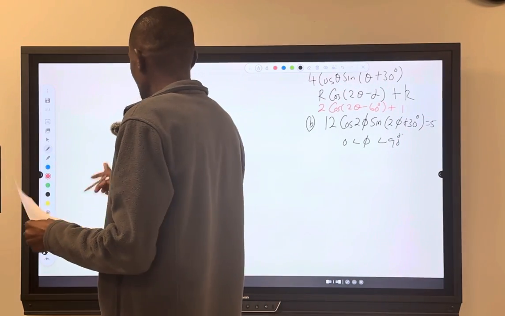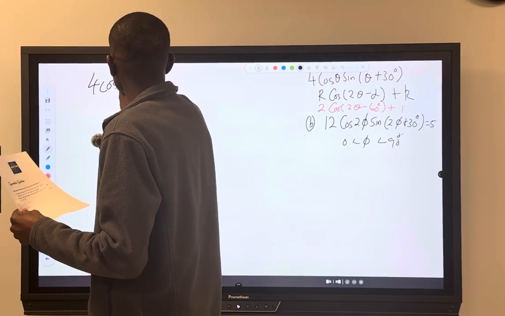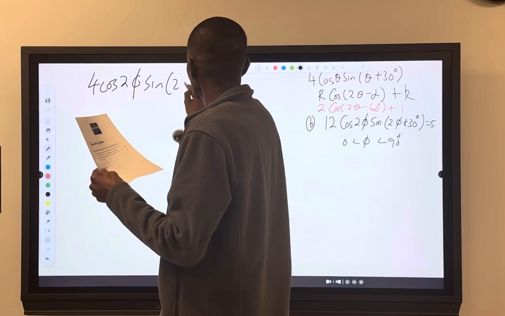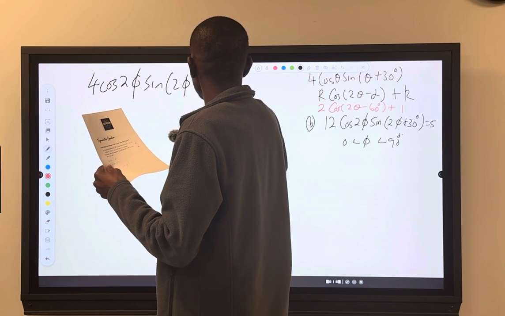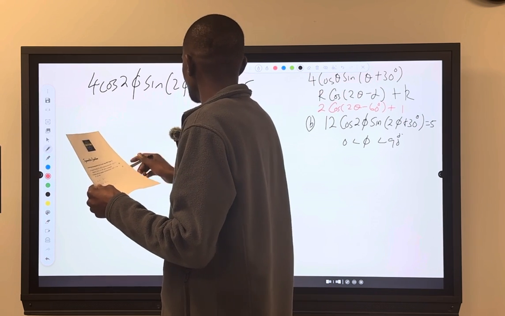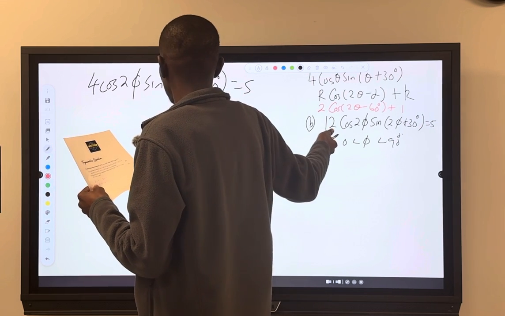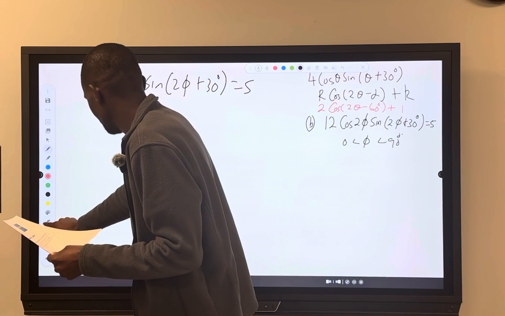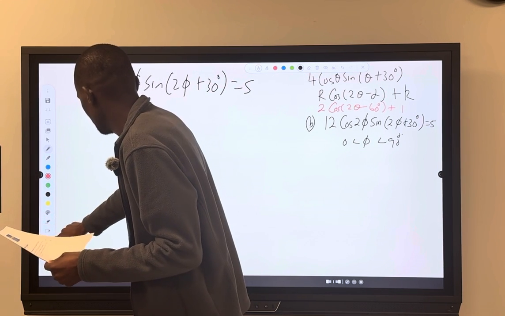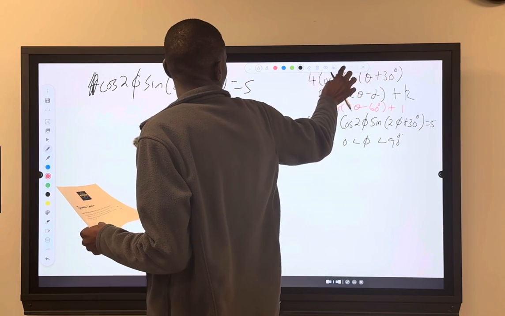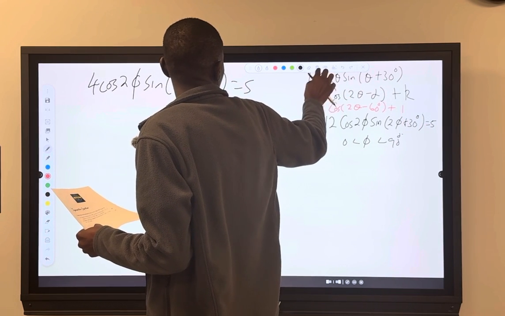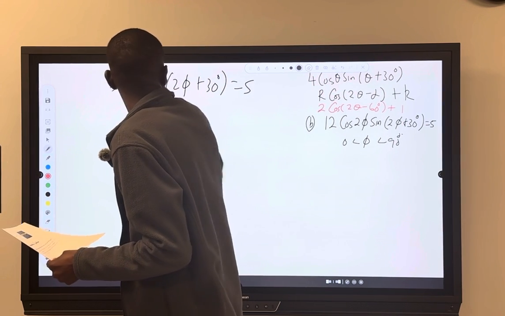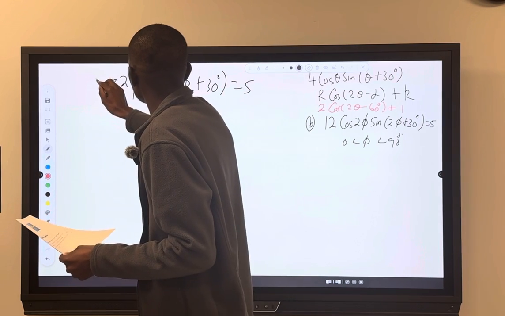So we know that 4 cos 2 phi sine 2 phi plus 30 degrees equal to 5 is the same as when we multiply by that. Sorry, I still have the same issue here. It's not 4, right? In this case, it's not 4, but it's 12, right?